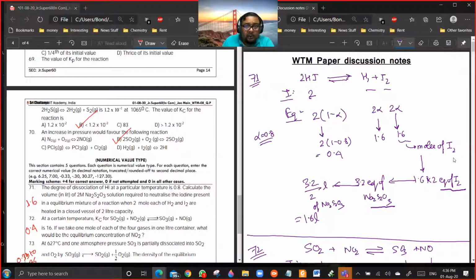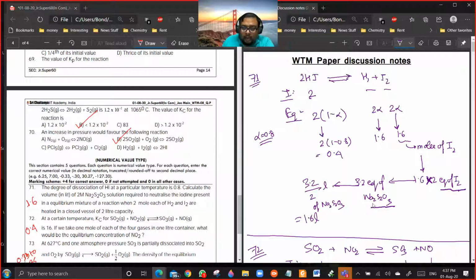The n-factor of iodine in the iodine-hypo reaction is 2. So equivalence of iodine will be 1.6 into 2. Moles is 1.6, so you'll have 3.2 equivalence of I2. So you'll have 3.2 equivalence of Na2S2O3.